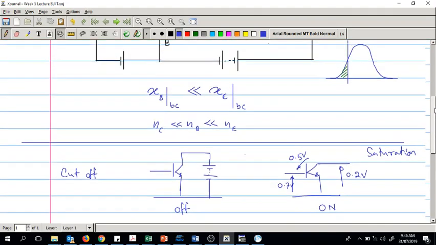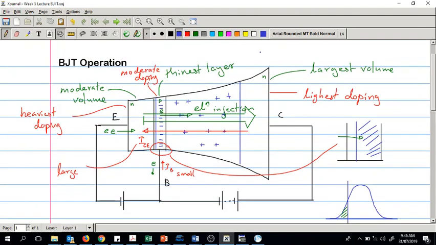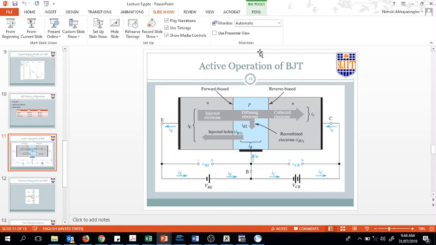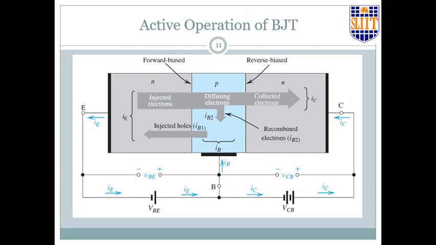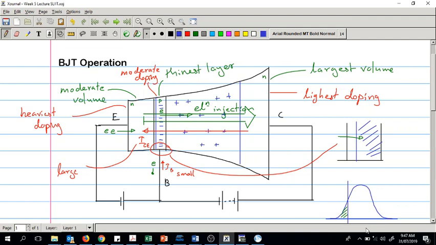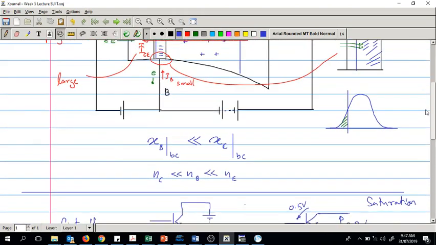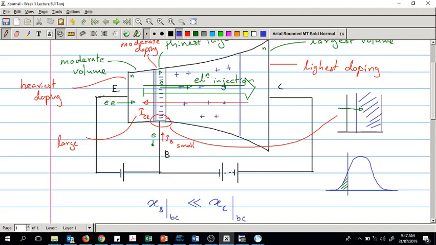For amplification operation, we go for the active mode of operation for the BJT. Now the collector current. We know that the relationship between the base current and the emitter current, this is a forward bias PN junction, right?